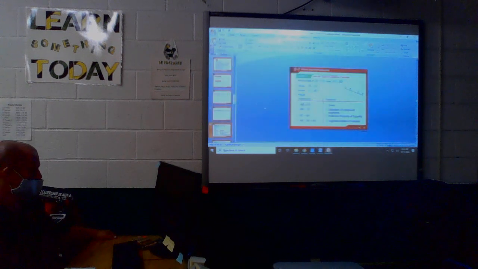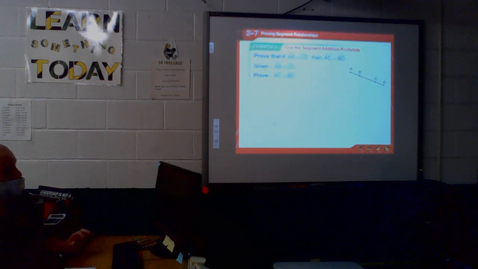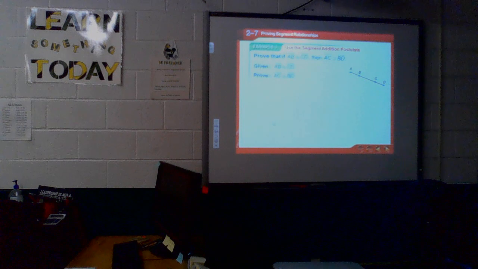So let's look at some proofs. Again, don't get frustrated. Remember what's a good proof. Okay? And remember to say the obvious. We'll introduce the reflexive property in this one right here to show you the reflexive property.